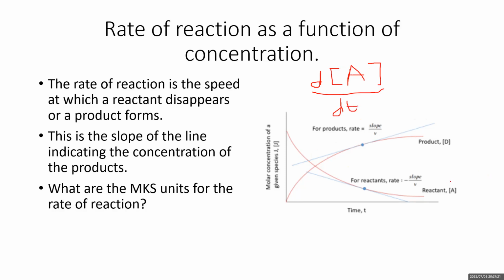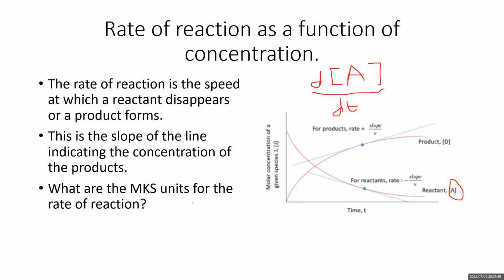If you know your calculus, this is just called the derivative. It's the slope of a line at a single point, as opposed to the slope of a line determined by 2 points. It is the slope of a line tangent to a curve touching at 1 point. That is the instantaneous rate of change at that point. It is just like linear speed, which we talked about in physics.